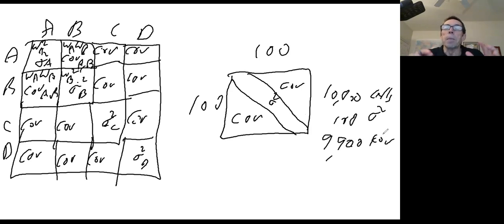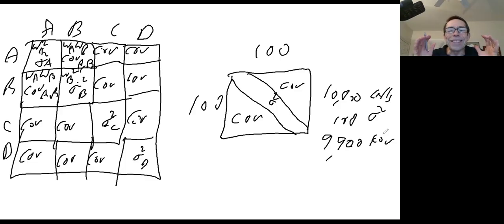So you can see as the portfolio gets bigger and bigger, the covariance cells become more and more important. As the portfolio becomes bigger, the number of variance cells is increasing linearly. The number of covariance cells is increasing exponentially.